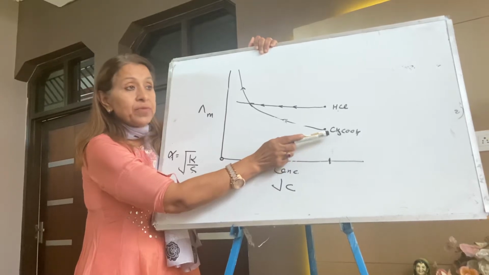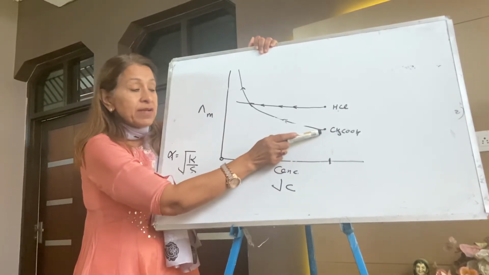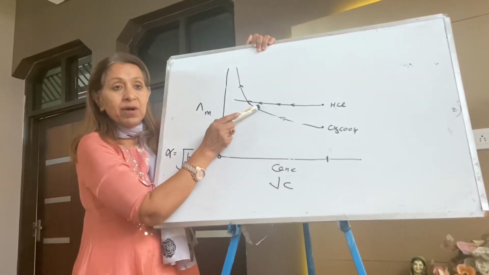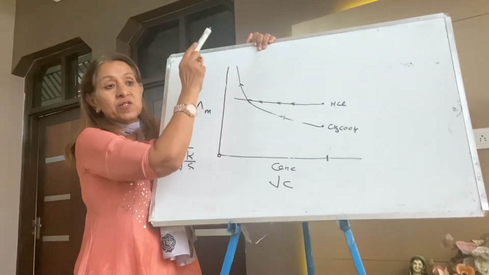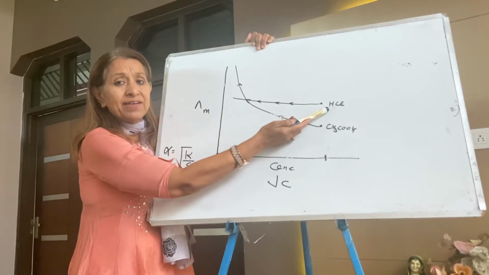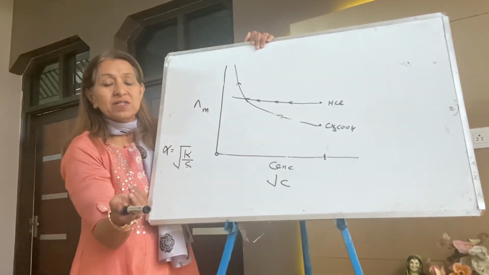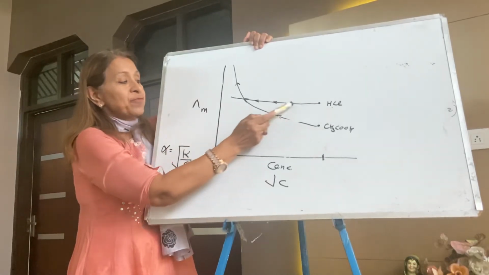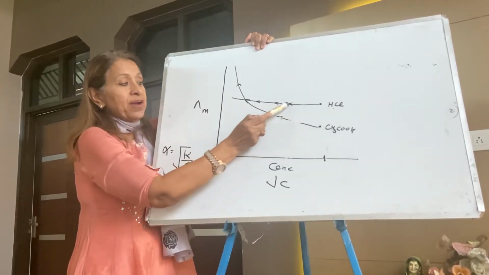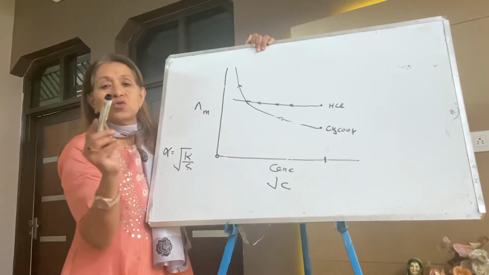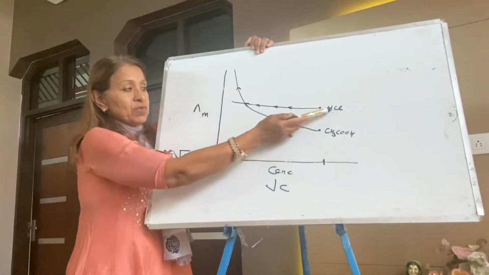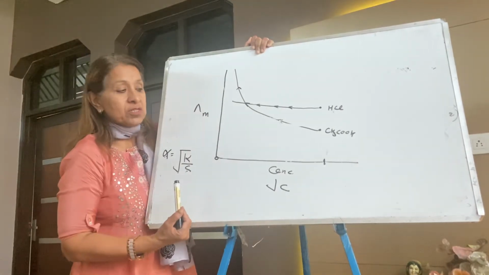On dilution, it's 6 marks, 7 marks, 8 marks, 9 marks, 10 marks, 11 marks, number of ions increases. It was already 100 by 100, so no increase in the marks. Just inter-ionic forces become weaker. So that's the reason its molar conductance increases to a little extent. Otherwise, no need to increase because it was already in 100% ionic form.